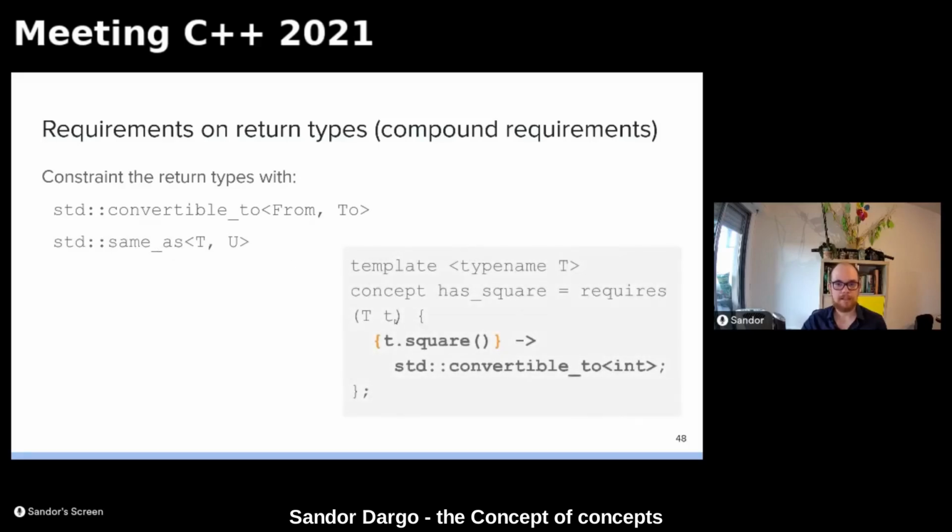And then you can write your concept in a way that between braces, don't forget the braces, you put the function call, and then after an arrow you put your constraint on the return type.